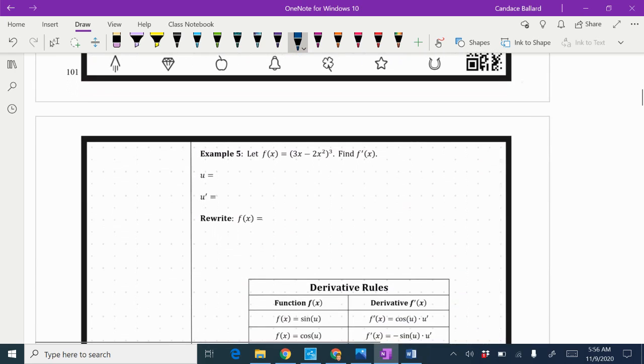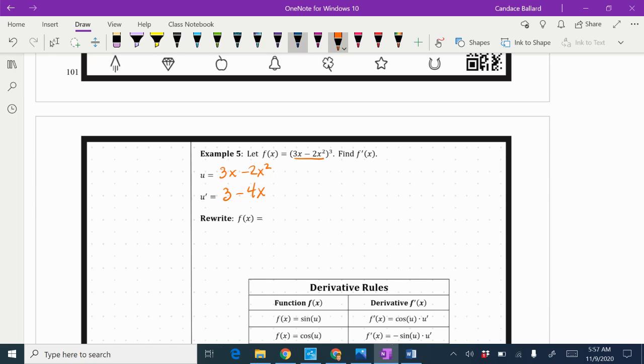All right, let's try this again. So in this case, we are going to let the u be the inside function. I'm going to underline that in orange. So we've got 3x minus 2x squared. And then I'm going to take the derivative of that, which would be 3 minus 4x.